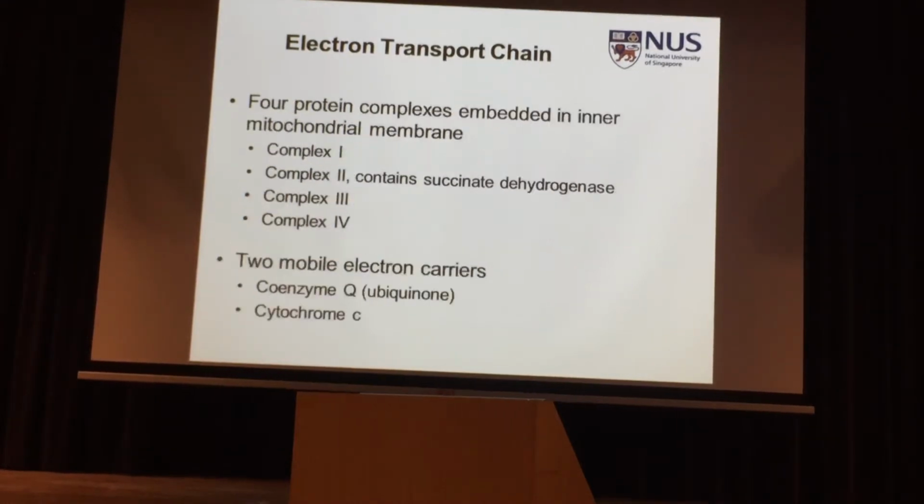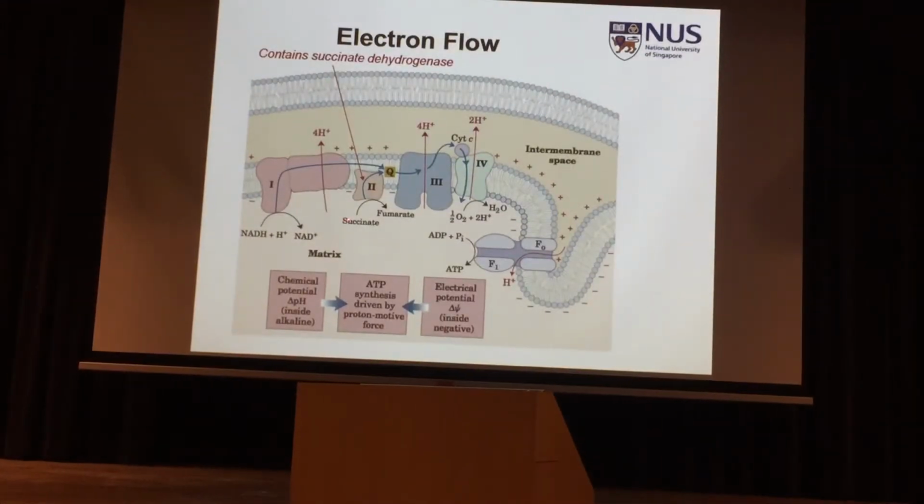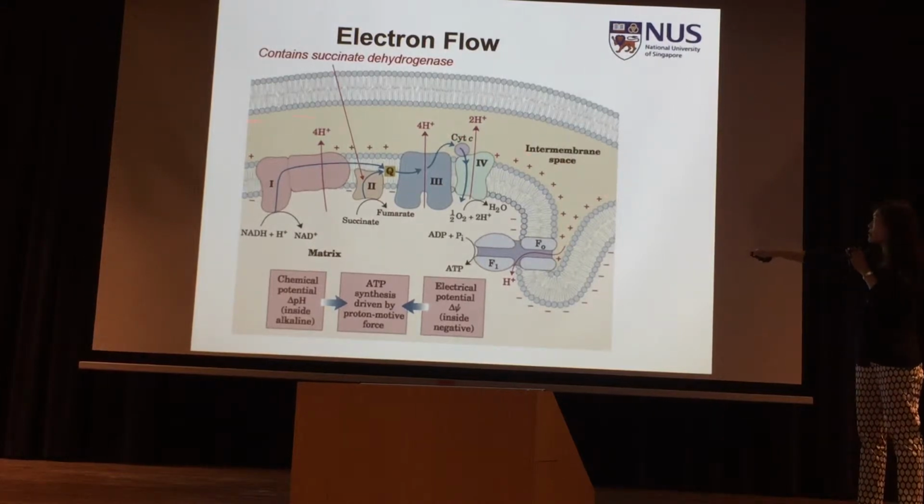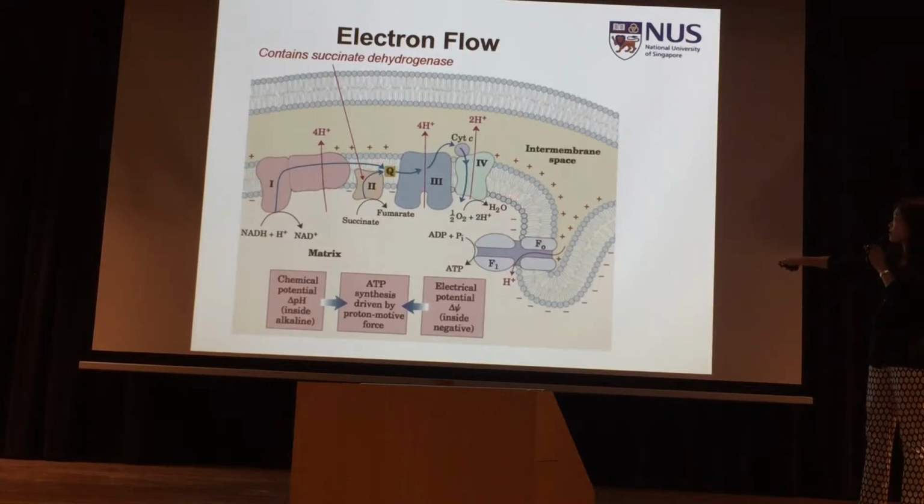Okay, it's easier if I describe it with this picture over here. So you have the outer membrane, freely permeable to small molecules, ions, etc. We have the intermembrane space, and then we have the inner membrane, which is not permeable to most things.